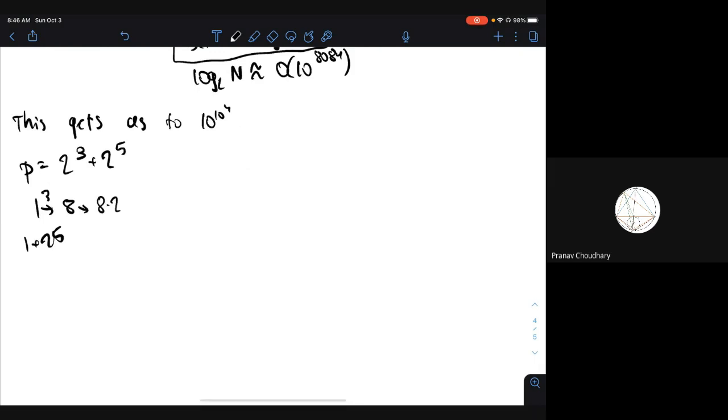Oh, don't we want 1 plus 2 squared, I guess? Right, yeah, my bad. Instead of 1 plus 2 to the power 5. So you go 8. Then we multiply by 2, and we multiply by 2 again, and then you just multiply.